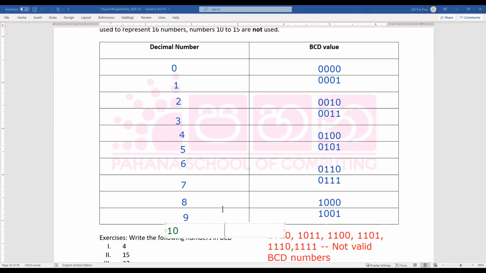What you have to do is represent 1, which is 0001, and then 0 as 0000. So this is how we will represent 10. Remember this, very, very important. 1010 to 1111 are not valid BCD numbers. So when you say 10, you represent 1 separately, then 0 separately.